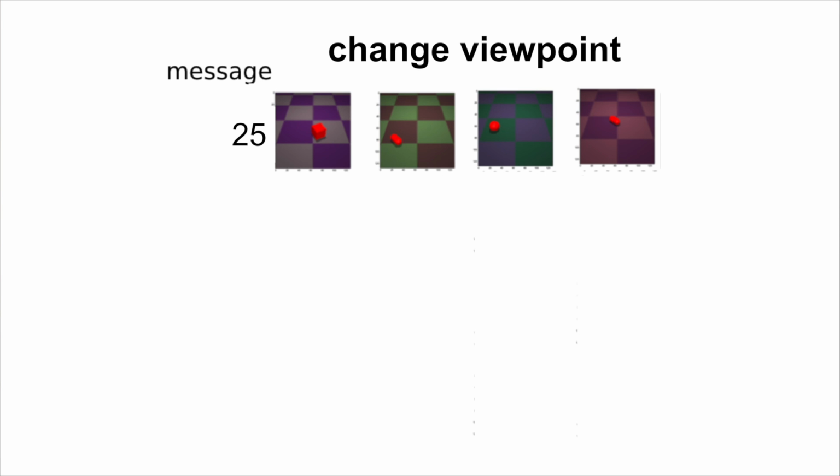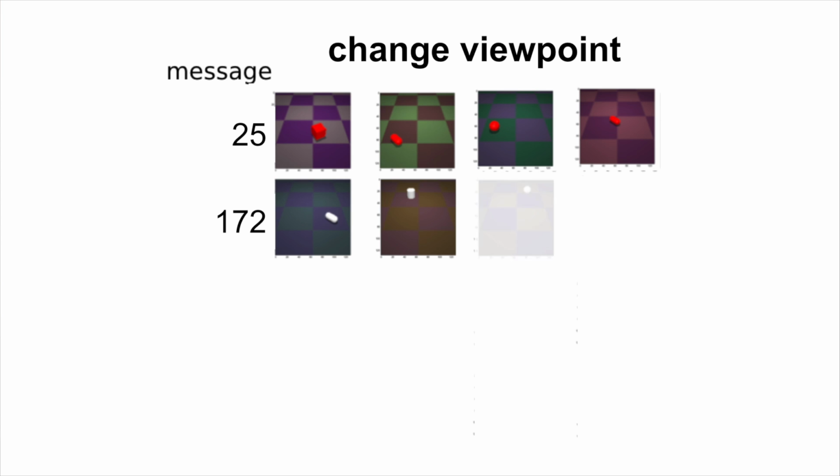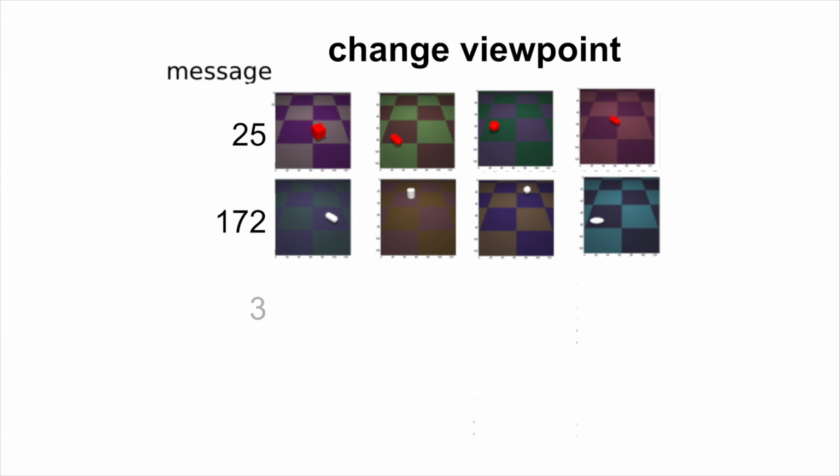So the speaker's forced to change its strategy, and what it's doing is basically using the color. It's sending the color to communicate which is the right object. Here's a different message, and here we've got the color white, and here's a different message, and here we've got the color yellow.